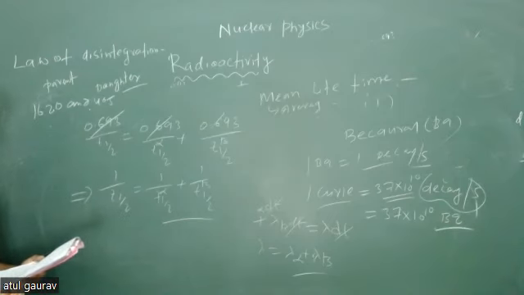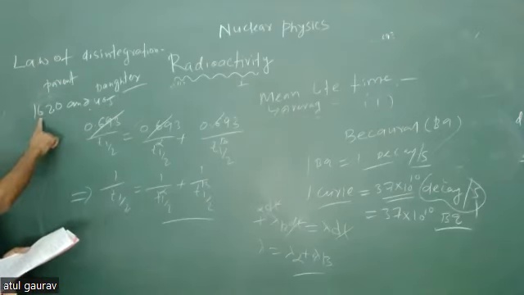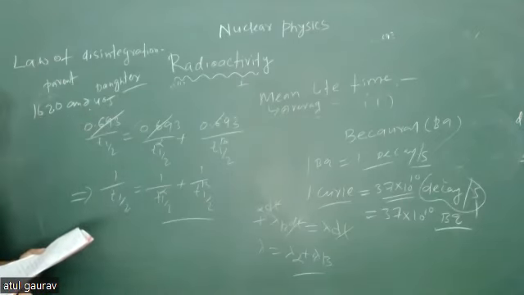Mean life of a radioactive substance are 1620 and 405 years for alpha and beta emissions, respectively.